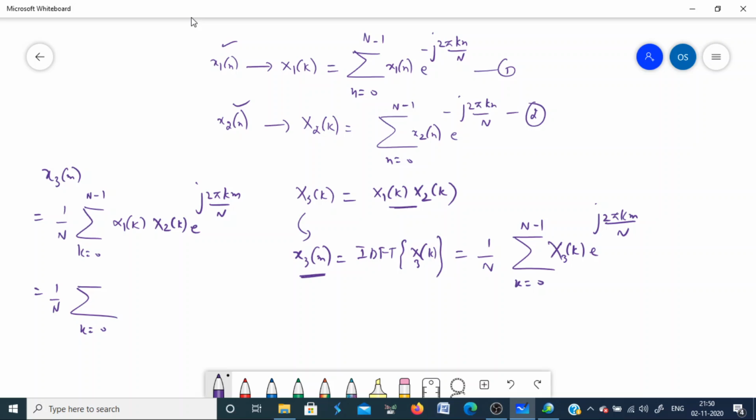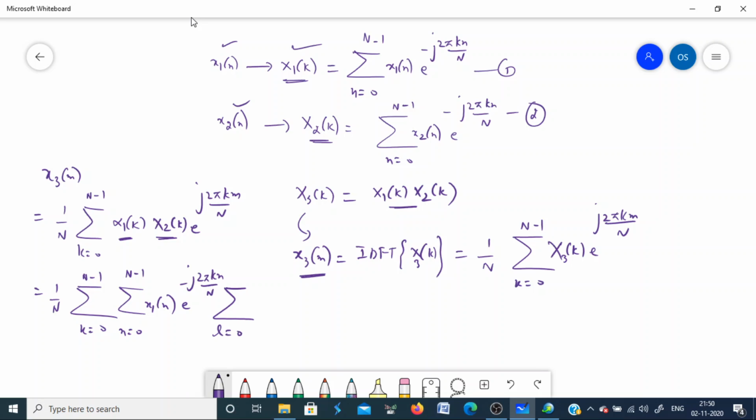In place of X1(k), I can write the equation for its DFT, the summation of n from 0 to N minus 1 of x1(n) e raised to power minus j 2 pi k n by N. Then multiplied with X2(k), again the DFT of this.